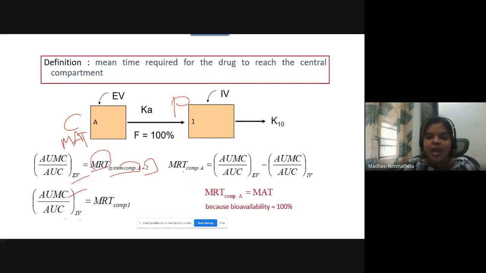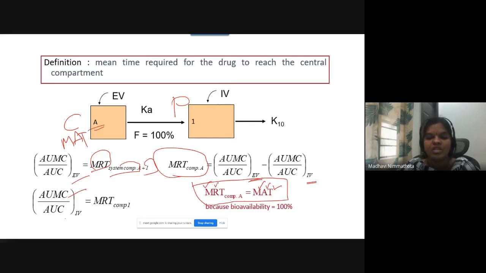And then the MRT for compartment A, that is, the MRT for the central compartment. You need to subtract the intravenous MRT from the extravascular MRT. So MRT compartment A is equal to MAT, the mean absorption time.